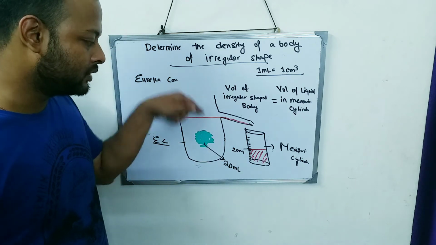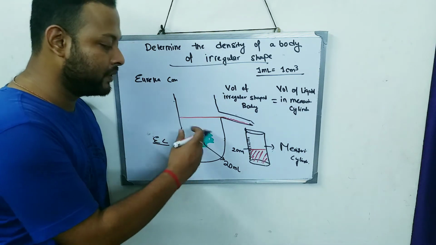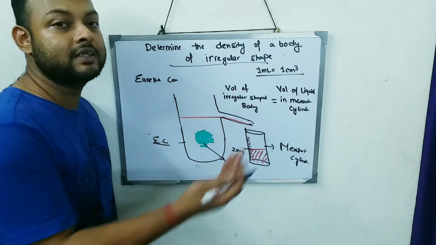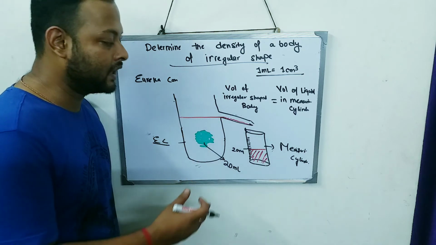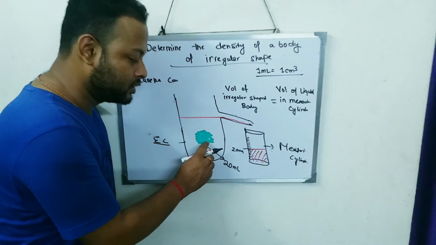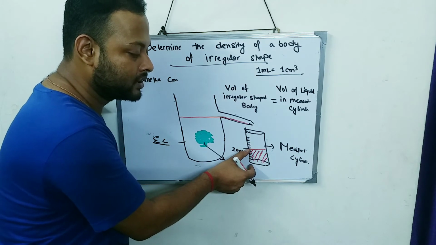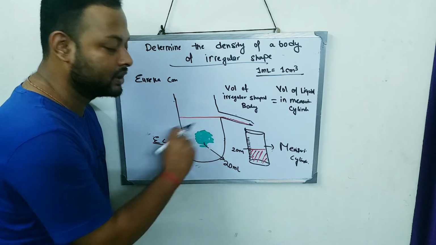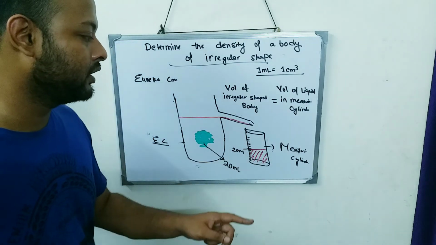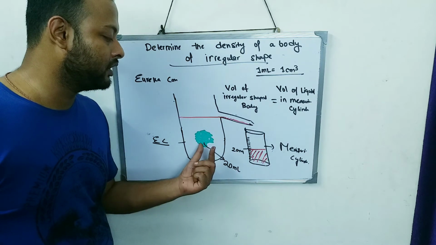As it goes inside the liquid, it will require its own space by displacing some volume of water, and the volume of water that this body displaces is equal to the volume of the body. So the volume of the water in the measuring cylinder is equal to the volume of the irregular shaped body. You have to know this. Clear?